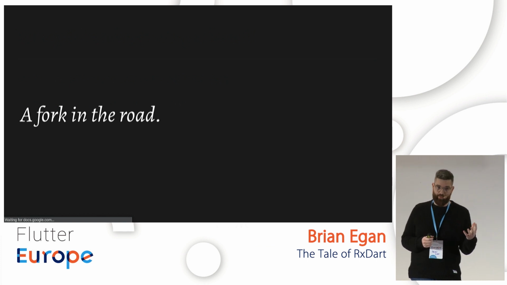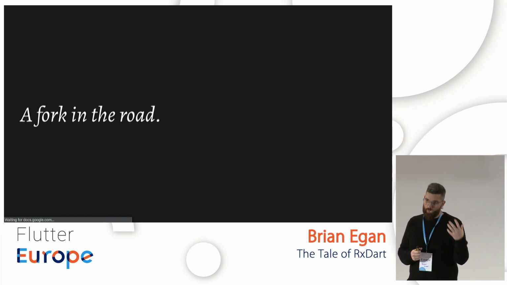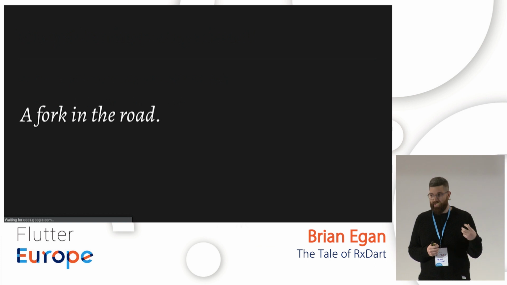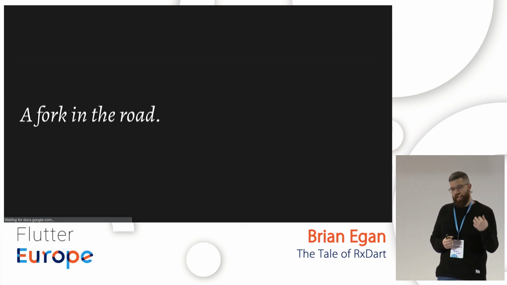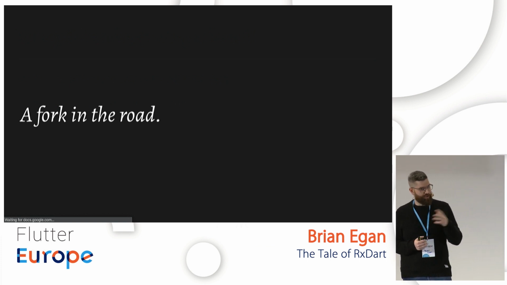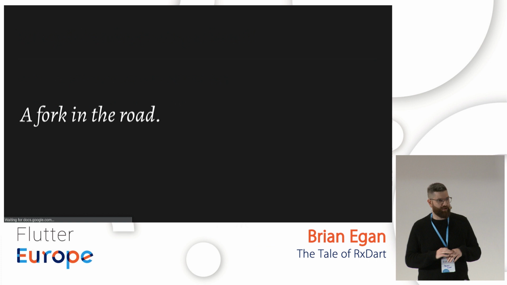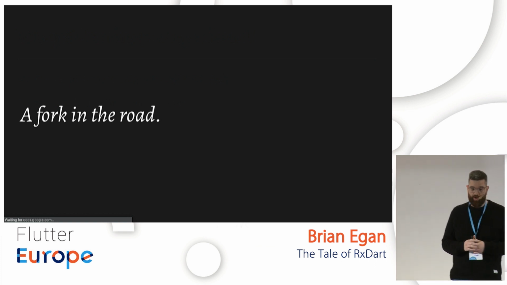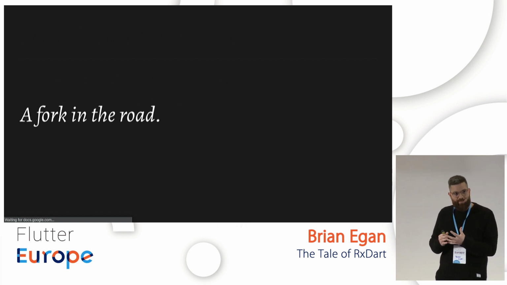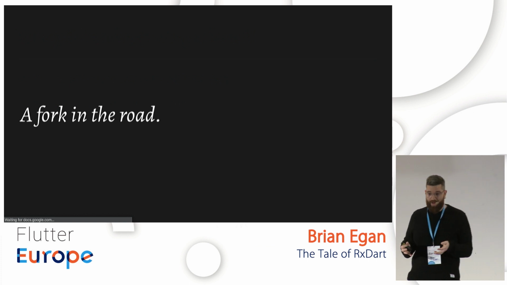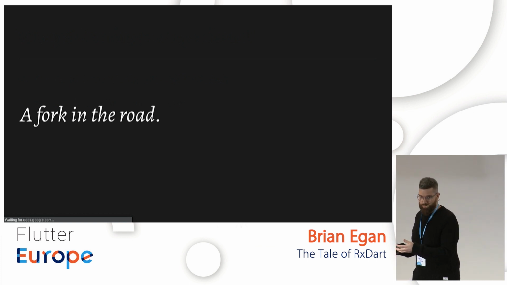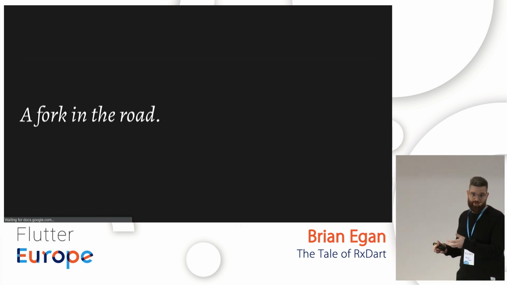We can either stick with the stream spec and really focus on making something that fits in naturally with the Dart world, something you should just be able to use out of the box, and whether it's a Firebase stream or a stream from an HTTP request, you'll see streams all over the place in Dart. Should we stick to that spec, or should we maybe even do something more radical and write our own stream implementation or our own observable implementation?